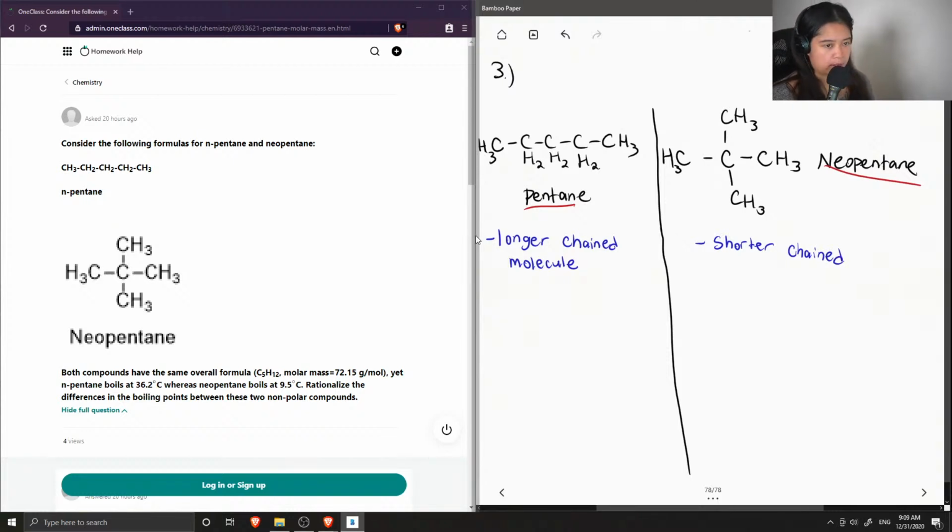So because the pentane is longer chained, it has a much higher surface area. Well, it takes up more surface area.